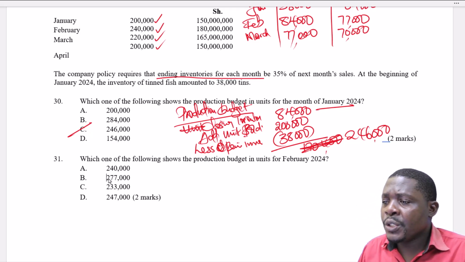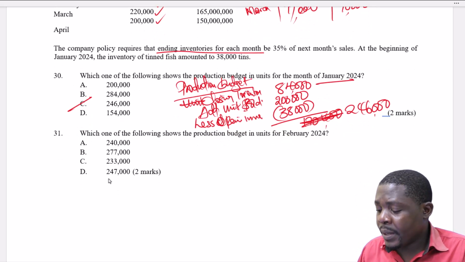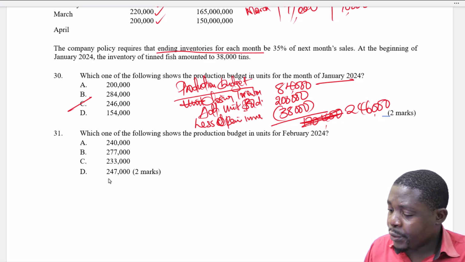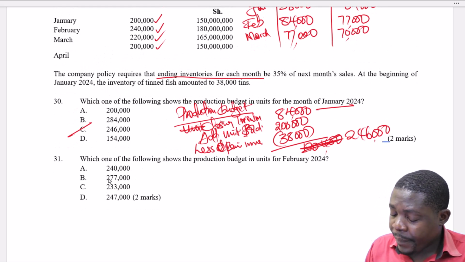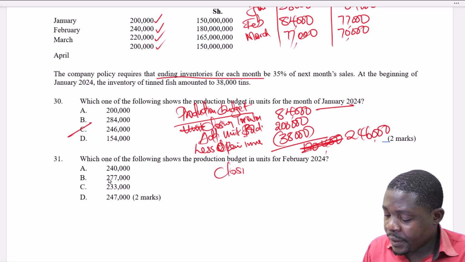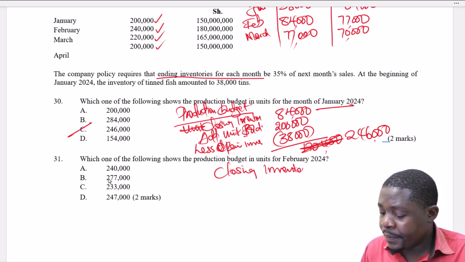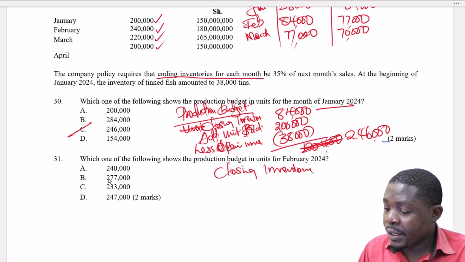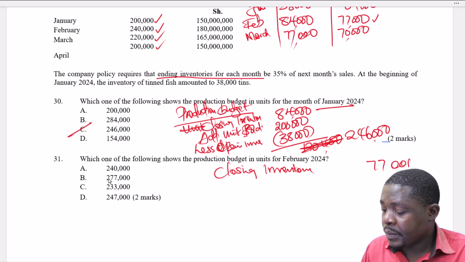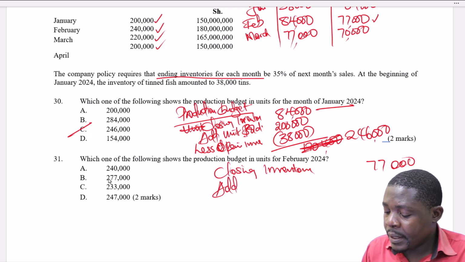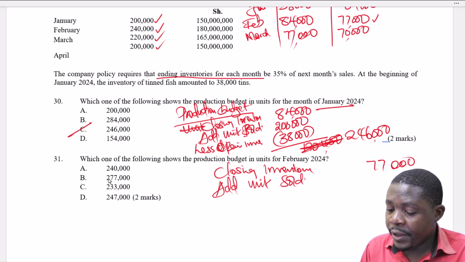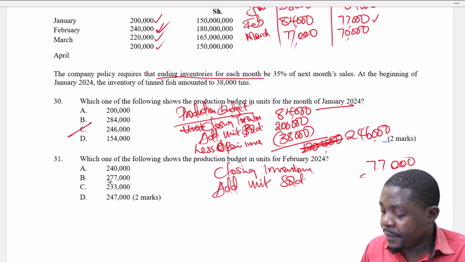Which of the following shows the production budget for the month of February? We do the same thing for February. We take the closing inventory for Feb, which was 77. Add units sold in the month of Feb, which were 240.